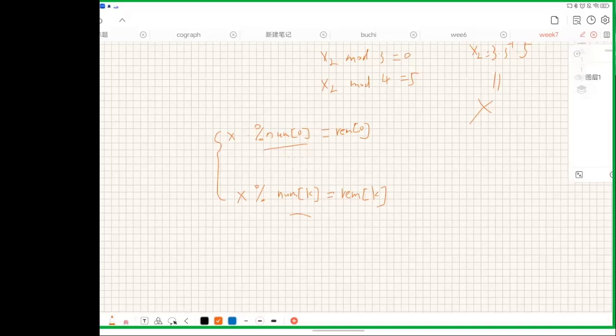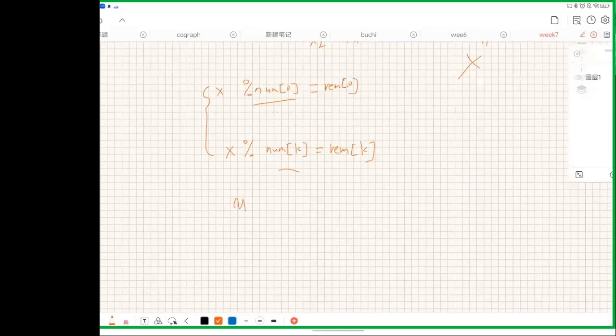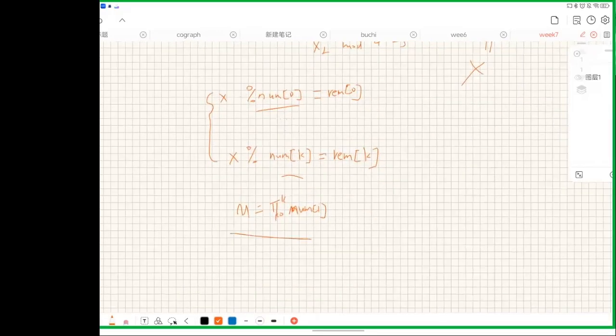So firstly, what's the product of all these moduli? Because we are writing a program, we can simply write M equals the product of num_i for i from 0 to k. Simply write a loop to do this. M is the product of all these things.